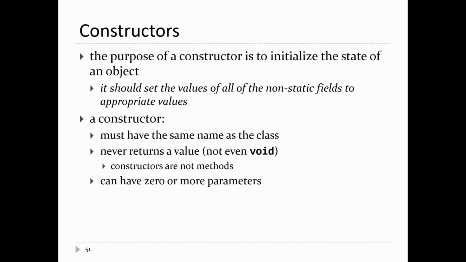The language specifically says constructors are not methods. One of the reasons they're not methods is because constructors never return a value, not even void. So when you're writing your constructor, remember it's just the access modifier followed by the constructor name. There's no void, there's no return type. Constructors aren't allowed to return a value. And then your constructors can have 0 or more parameters, just like a method can have 0 or more parameters.